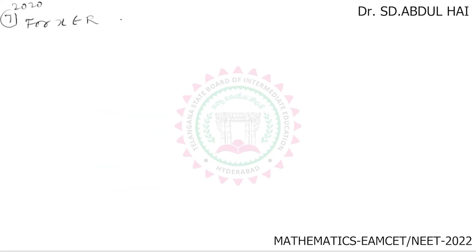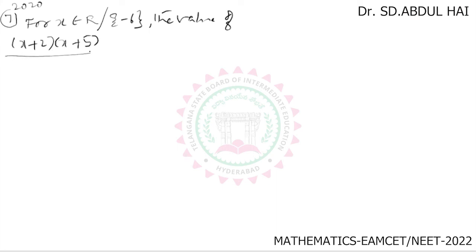Okay. x belongs to R minus 6. The value of x plus 2 into x plus 5, whole divided by x plus 6, does not lie in the interval.